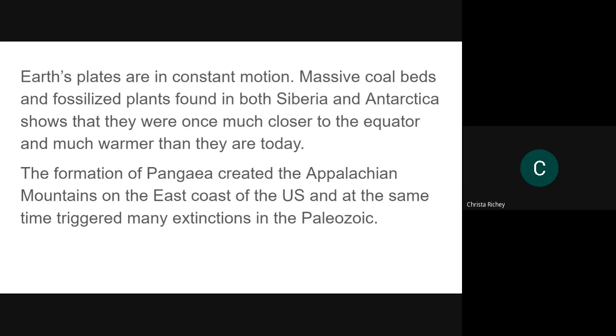You didn't have any ice whatsoever in the Triassic, when Pangea first came together. As it was coming together, before it was completely solidified, you did have a glaciation.